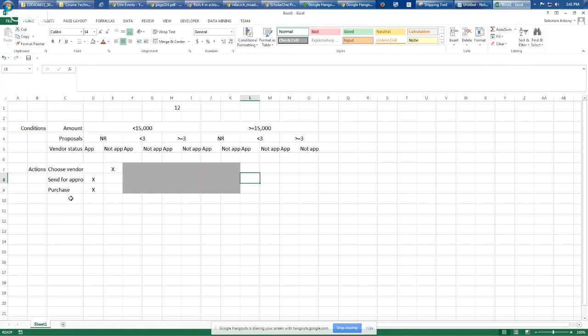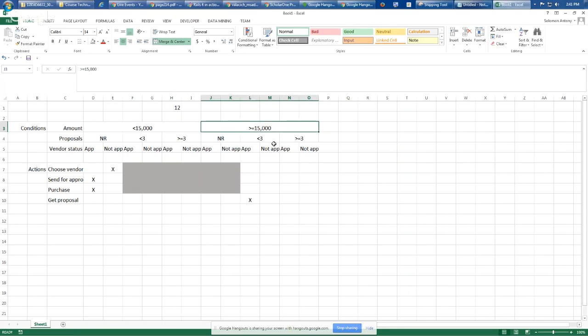So another action I forgot to include is get proposal. So in this case, if amount is more than 15,000 and the number of proposals is less than three, then you must go and get more proposals. So that has to be included. So that is a fourth action.